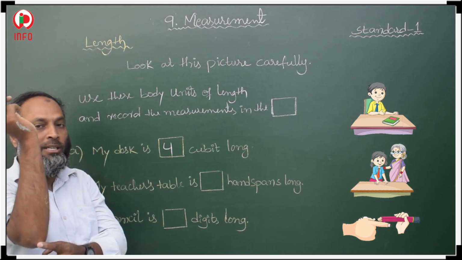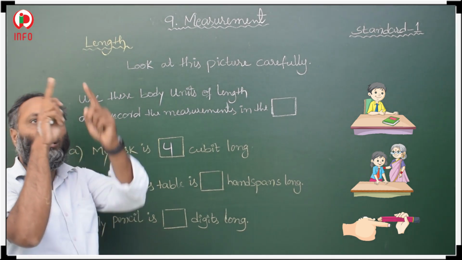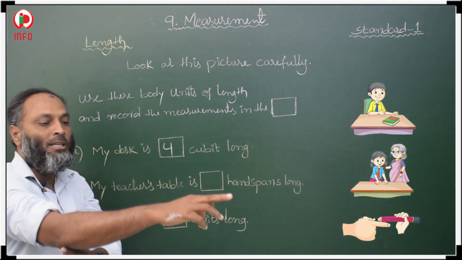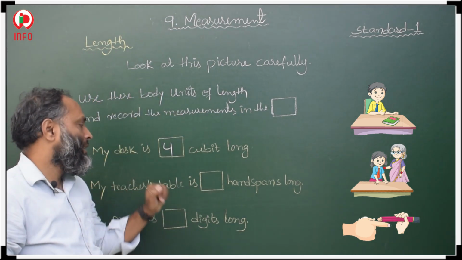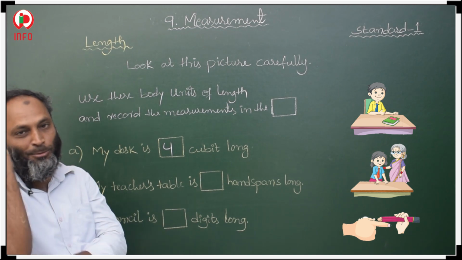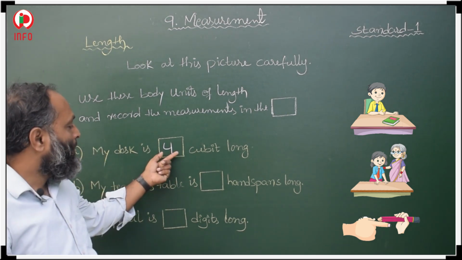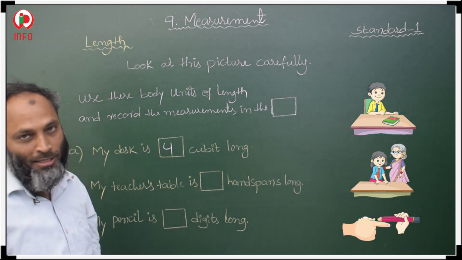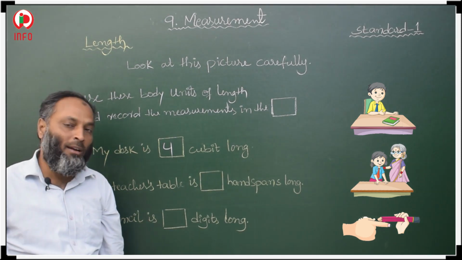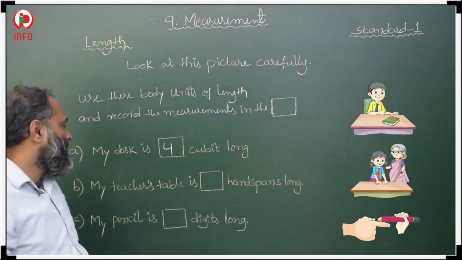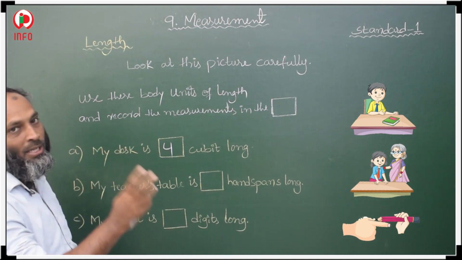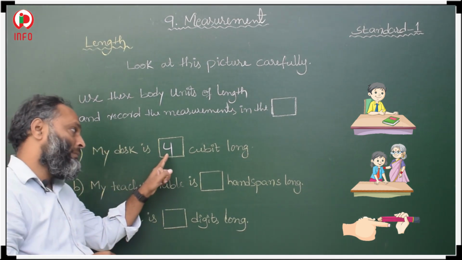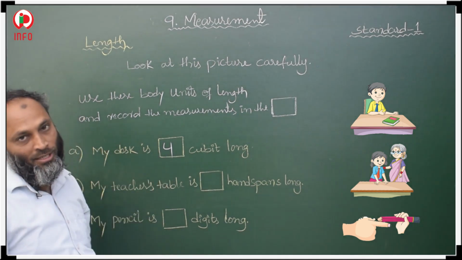How to measure using cubit? From your hand knee to the middle finger. So you measure your desk length and write that number here. Your hands are small, no? So you will get approximately 4 cubit length. So in your home, according to your cubit, measure the length of your desk, and that number you should write in the box. Okay.